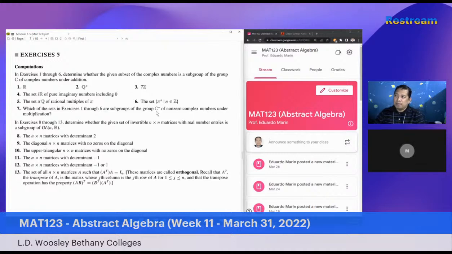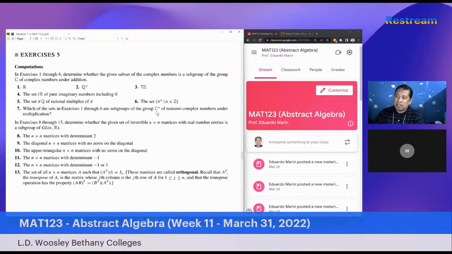Okay, number 5. So ginawa natin siyang multiplication. Ang magiging sagot niya lang, pi, 2 pi, 2 pi q, 3 pi q. There are rational expressions always in the factor of a rational expression. So the question is, pwede ba rin siyang maging non-zero complex number?